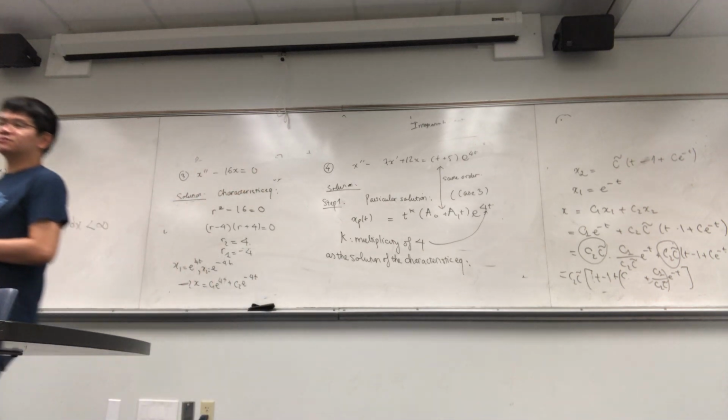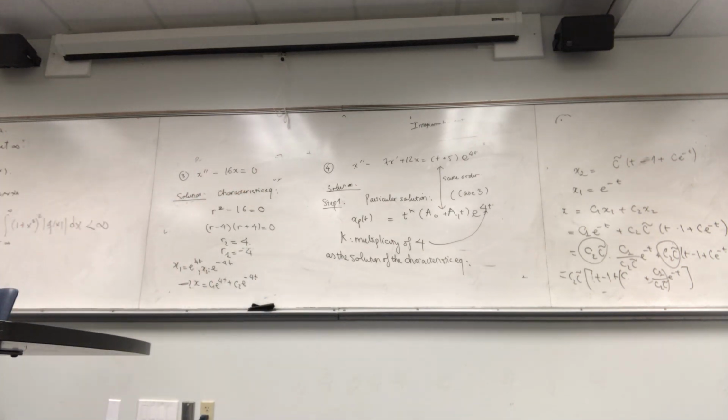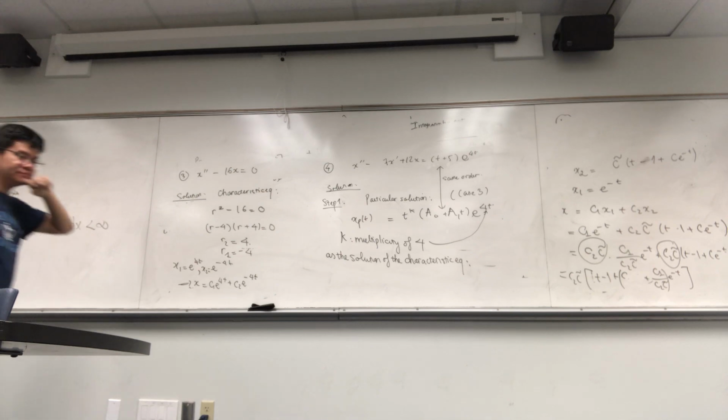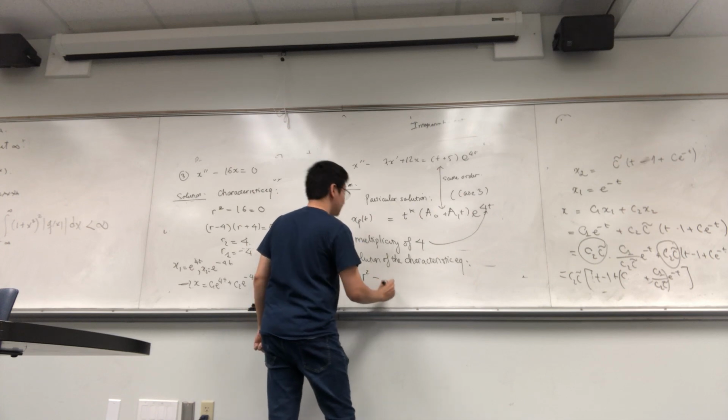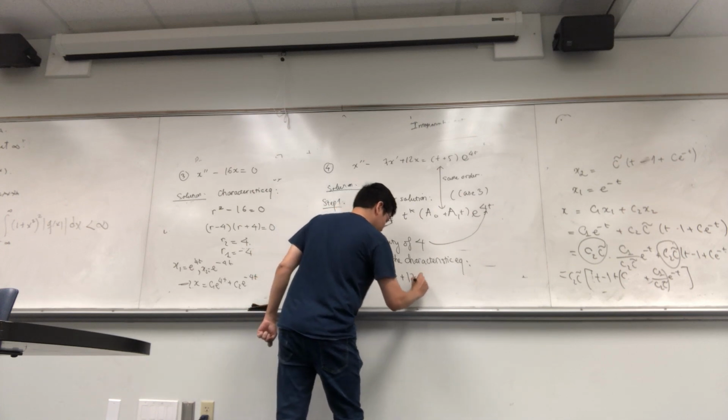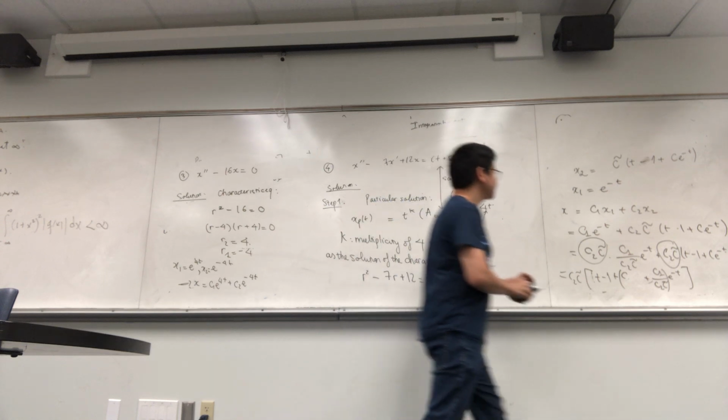So what is the characteristic equation in this case? Yes? r squared minus 7r plus 12. So you have r squared minus 7r plus 12 is 0. All right?